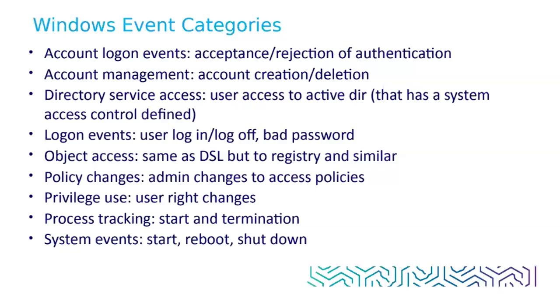By separating authentication, account management, directory access, object access, policy changes, privilege modifications, process activity, and system operations into distinct categories, Windows provides a structured approach for auditing and also for troubleshooting.